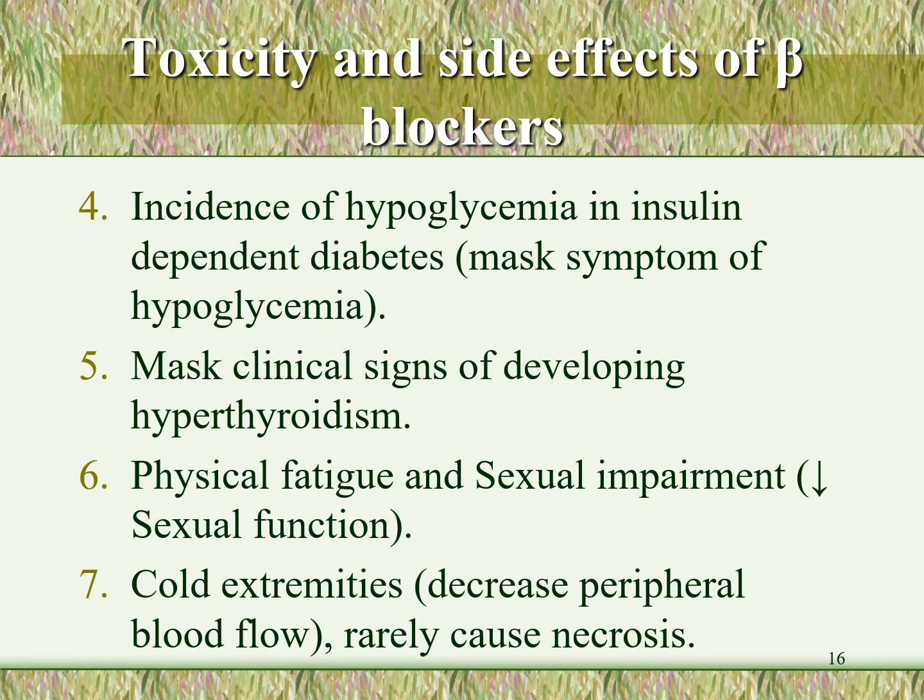By blocking this beta receptor, we direct the adrenergic agonist directly to the alpha receptors, which results in vasoconstriction, and this vasoconstriction will lead to cold extremities due to the poor blood supply, and rarely this can result in necrosis.